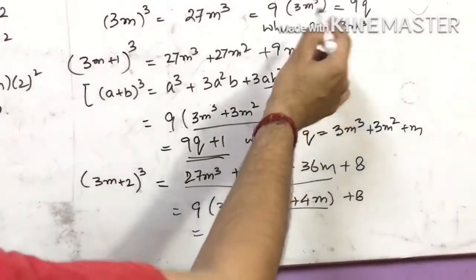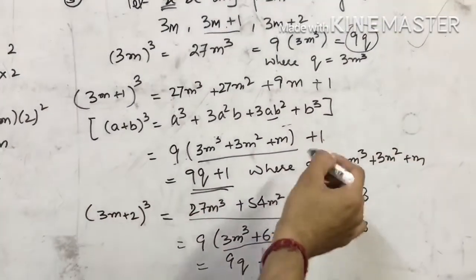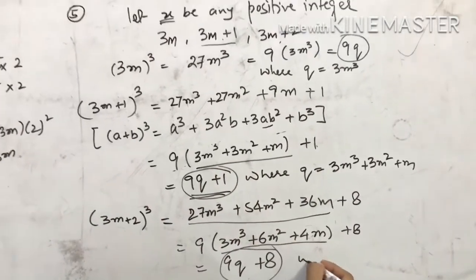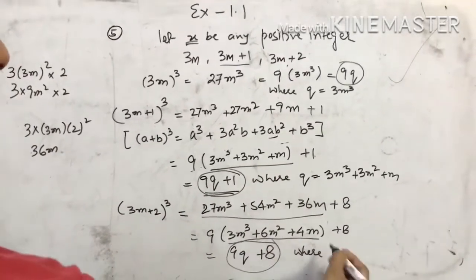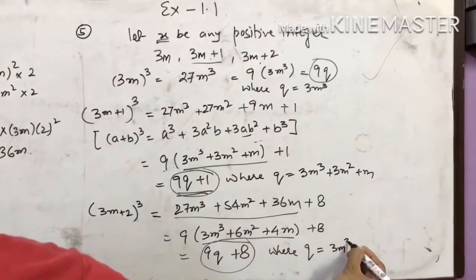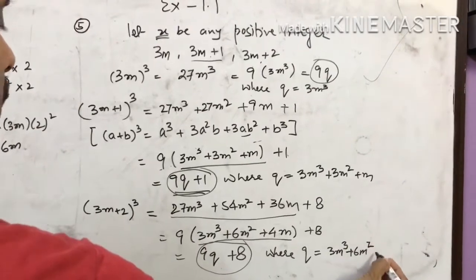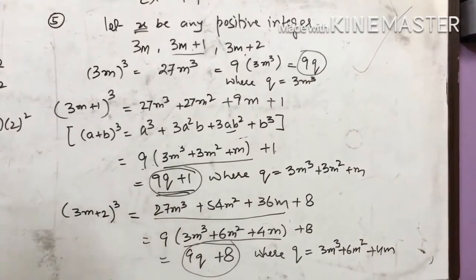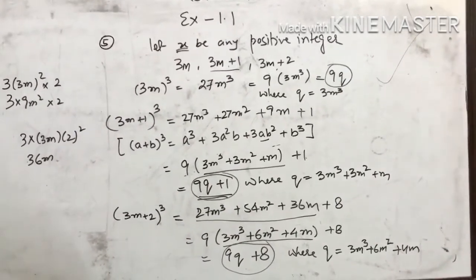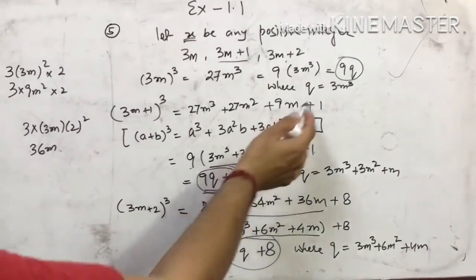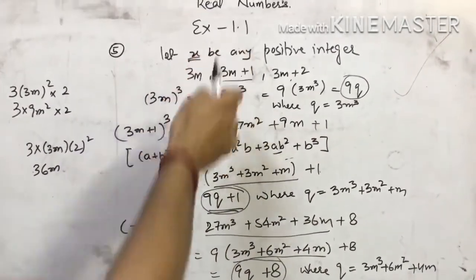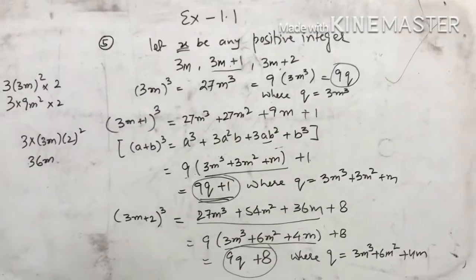So you got 9q, then you got 9q plus 1, and now you got 9q plus 8, where the value of q is this: 3m cube plus 6m square plus 4m. Now you can see you got all the 3 results which they want. So by this your exercise number 1.1 is finished. Please do your homework.